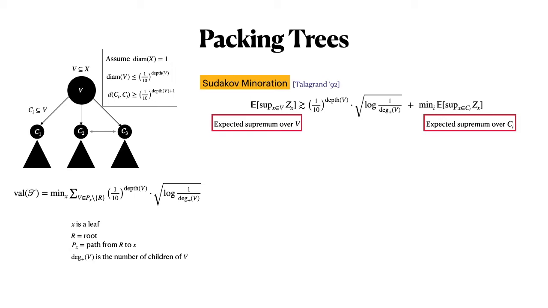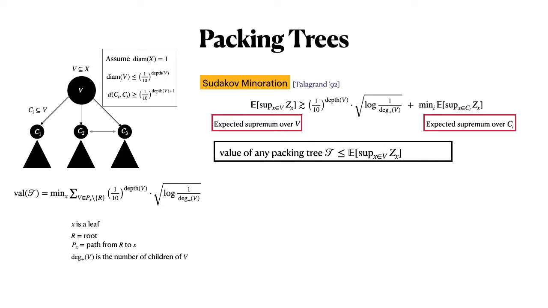So if you just apply this Sudakov minoration inequality starting from the root inductively, then you will get all possible terms until the leaf. And from this it follows that the value of any packing tree is a lower bound on the expected supremum of the process.